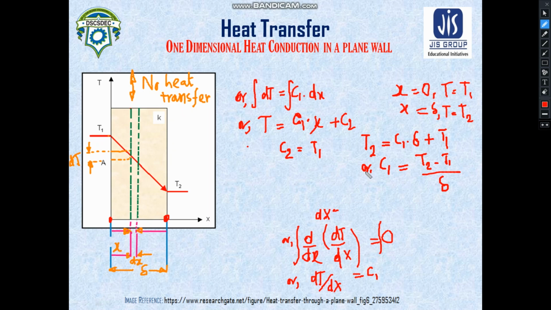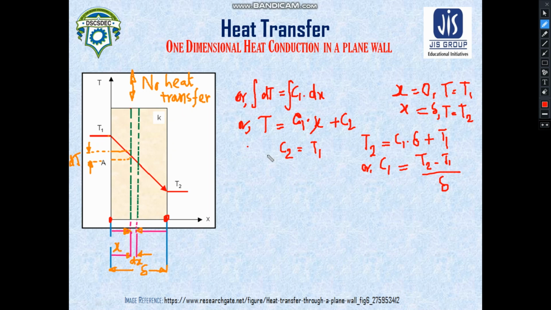So if C1 is equal to (T2 minus T1) by delta, then you can write the whole temperature distribution now. T can be written as (T2 minus T1) by delta, into x, plus T1.